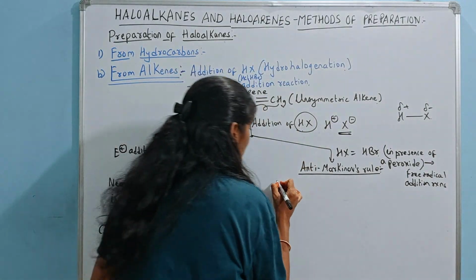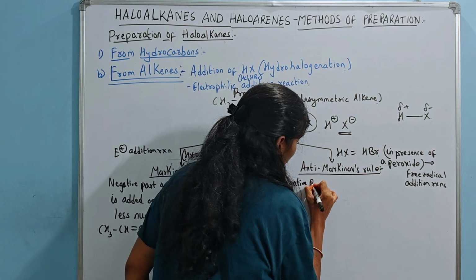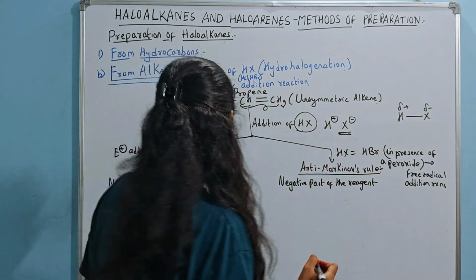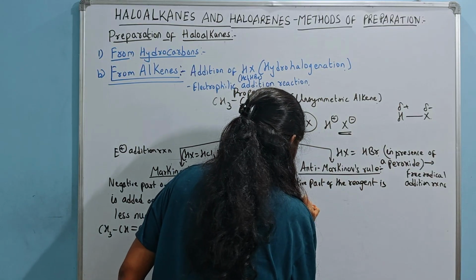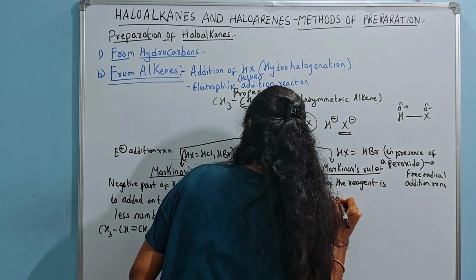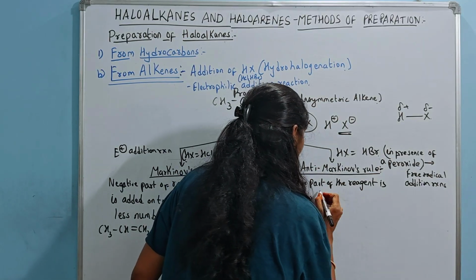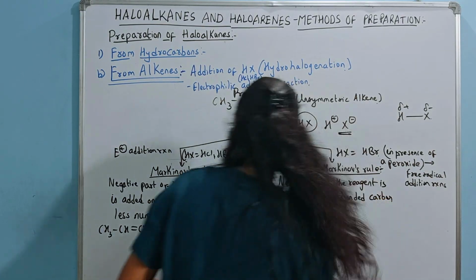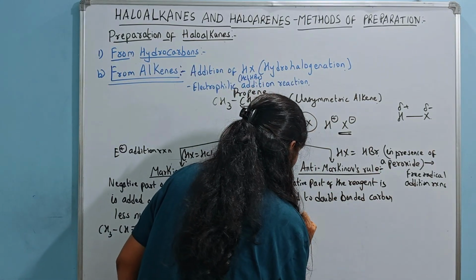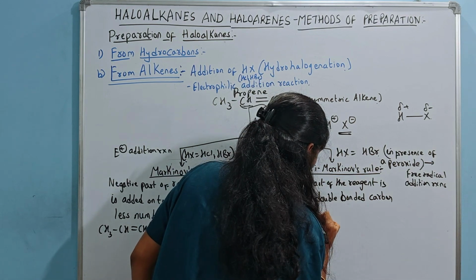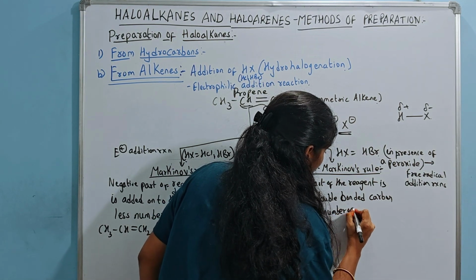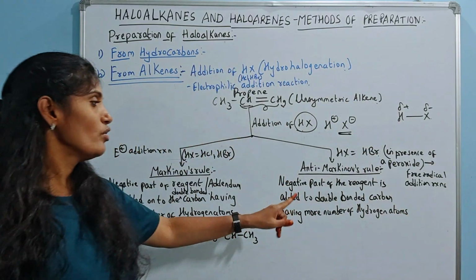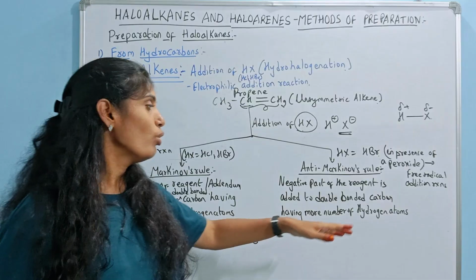Okay, so let us see the statement. Negative part of the reagent is added to double bonded carbon having more number of hydrogen atoms.